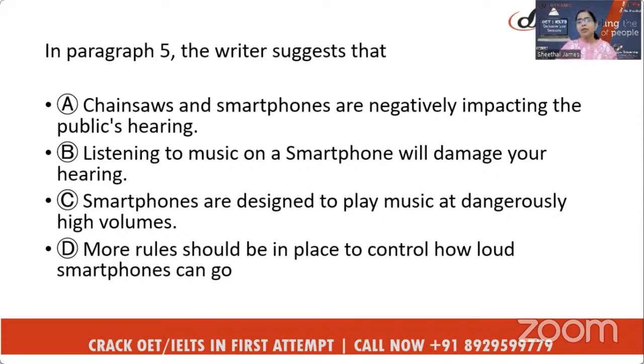So you should be able to identify which are the facts and which are the opinion of the author. So here the question is, in paragraph 5, the writer suggests that. So what is the suggestion of the author in paragraph 5?